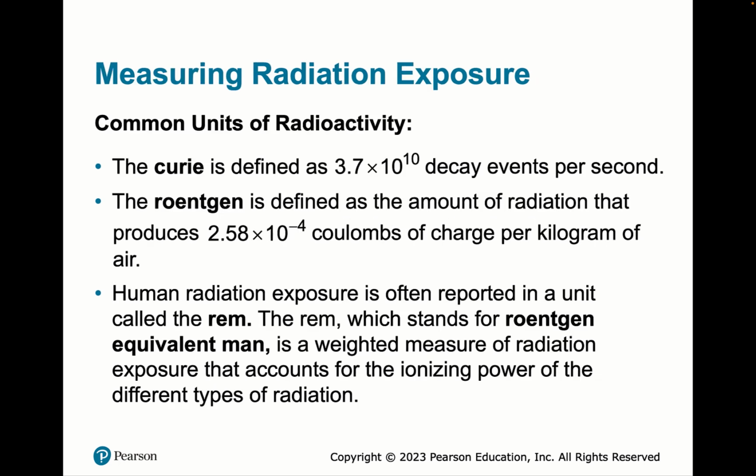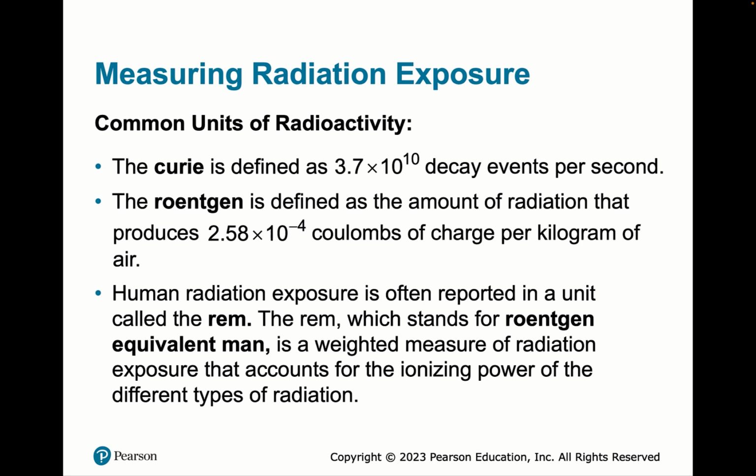For radiation exposure, a Curie is defined by 3.7 times 10 to the 7 decays per second, and there's also a roentgen, and a roentgen is 2.58 times 10 to the minus 4 coulombs. So it has to do with the amount of charge per kilogram of air.